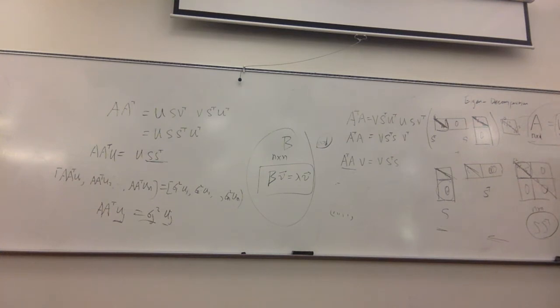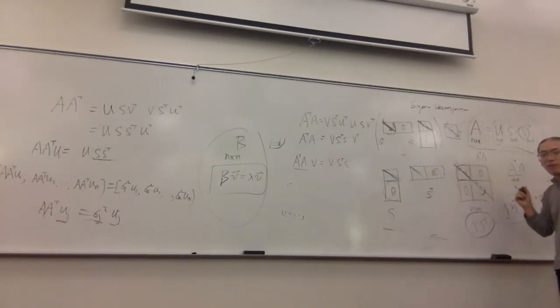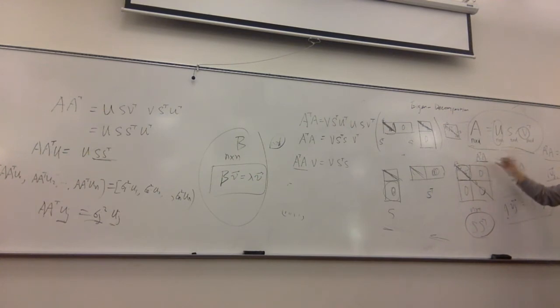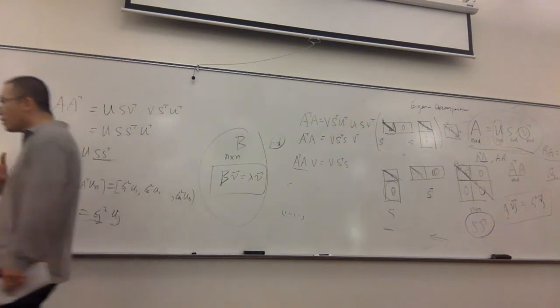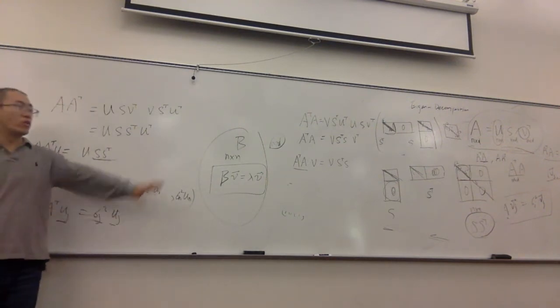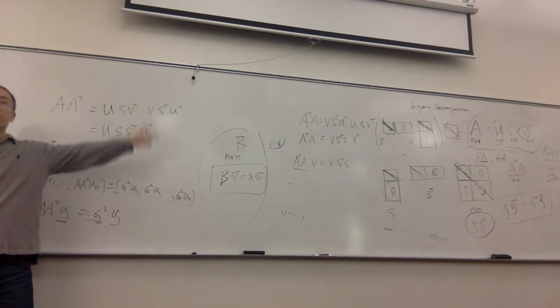And also, you will see that the squares of the singular values are shared eigenvalues for both A transpose A and A transpose. That's a very interesting observation, and also a very famous connection between the singular value decomposition and eigenvectors and eigenvalues.